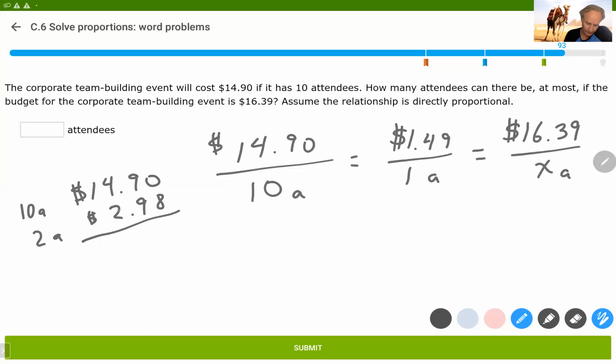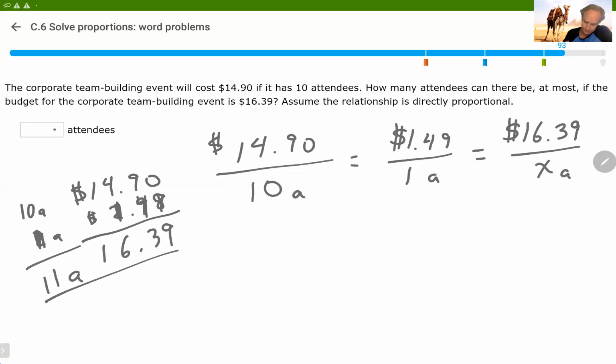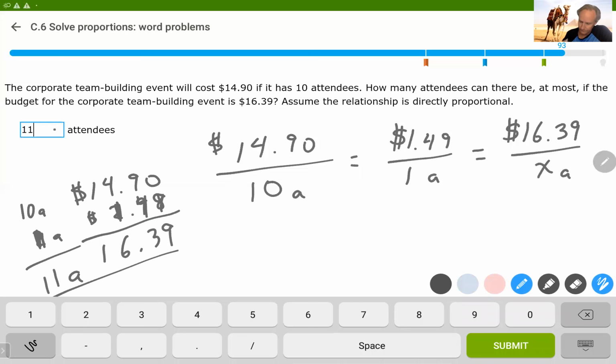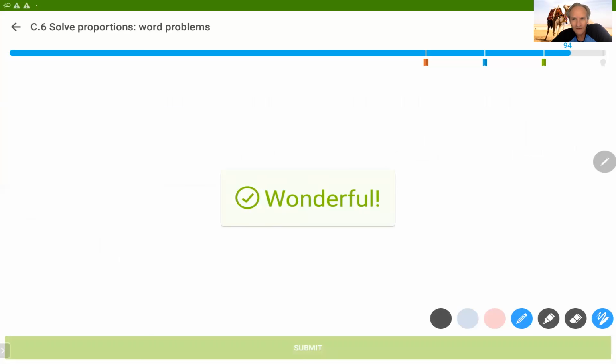Oh, only one more. $1.49, only one more attendee. And then we're going to get $16.39, which means that we're talking about 11 attendees. Almost made a mistake there. Only needed one more.